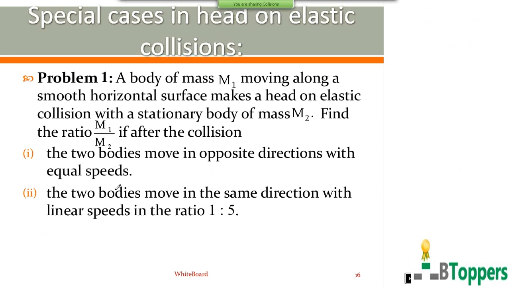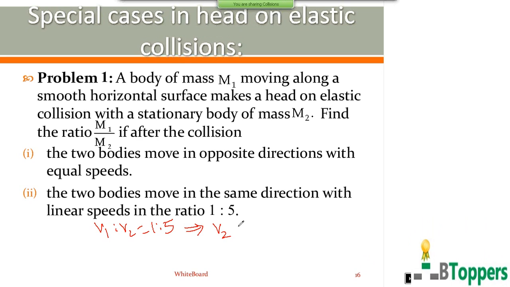Now look at the second question in the problem. You have to find the ratio m1 by m2 if after the collision the two bodies move in the same direction with linear speeds in the ratio of 1:5. That means here v1 is to v2 is 1:5 because the two bodies are moving in the same direction.